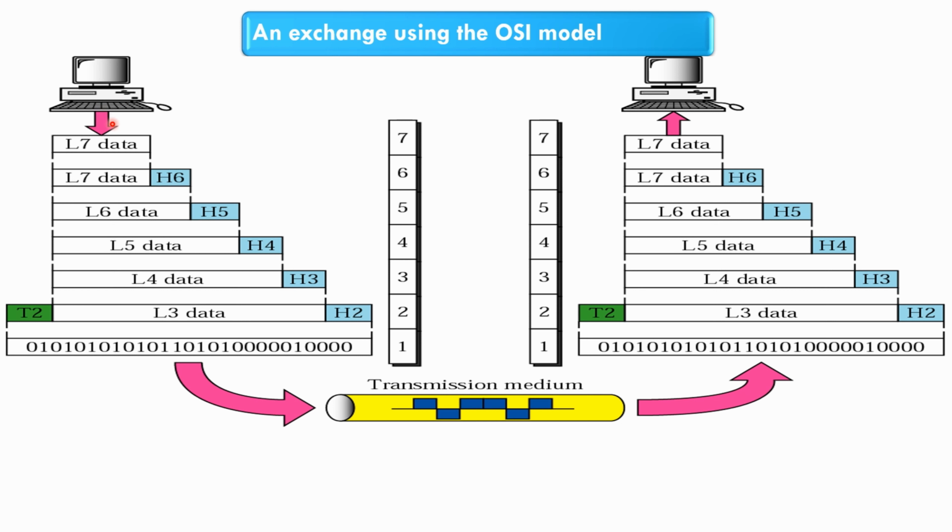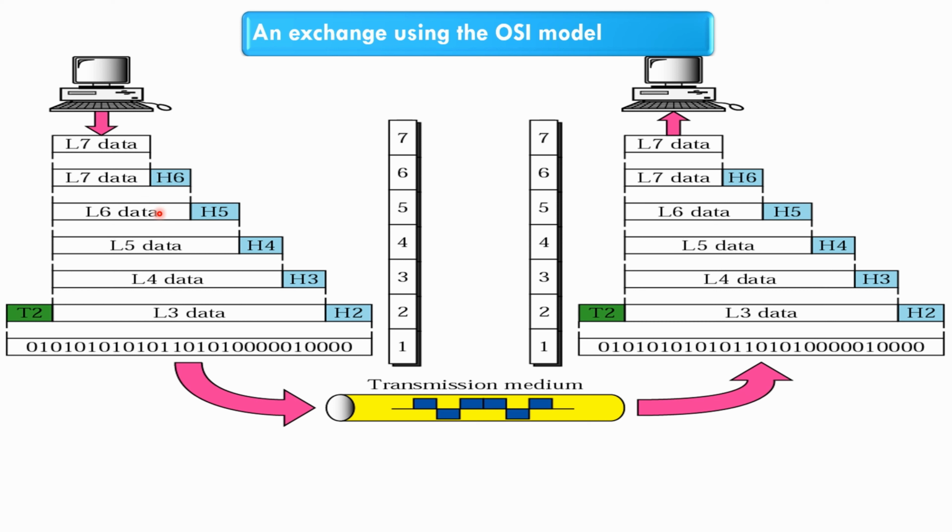If the layer 7 application is sending layer 7 data, it comes to layer 6, the presentation layer, which includes that layer 7 data plus adds a header 6, the layer 6 header. This total, L7 data plus header 6, is called L6 data.